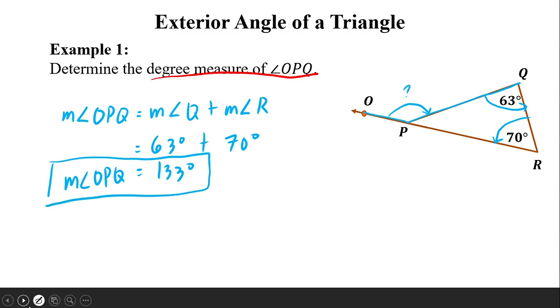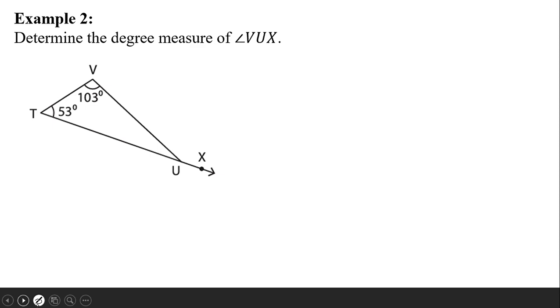Next, example number 2. Same as example number 1, we need to find the degree measure of angle VUX. Let us illustrate first angle VUX. That is the exterior angle VUX. What are the two non-adjacent angles?